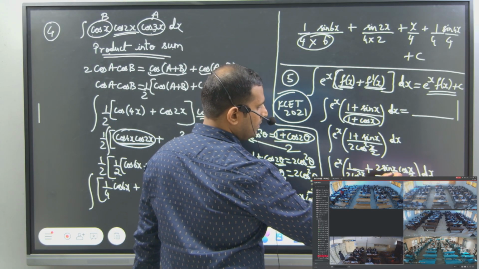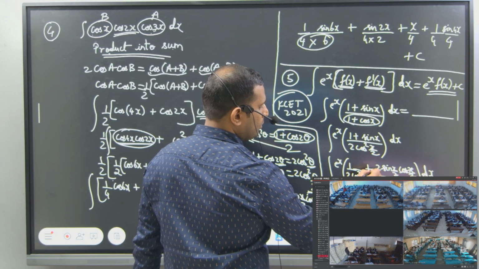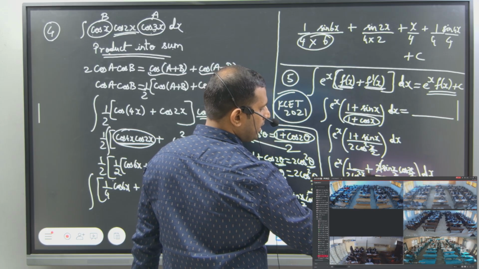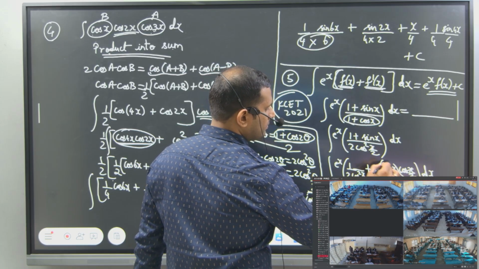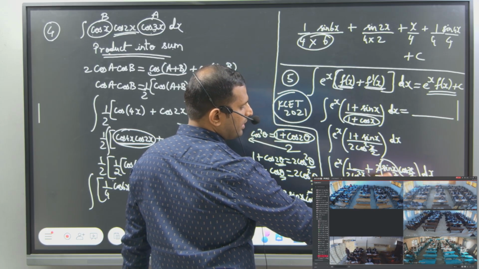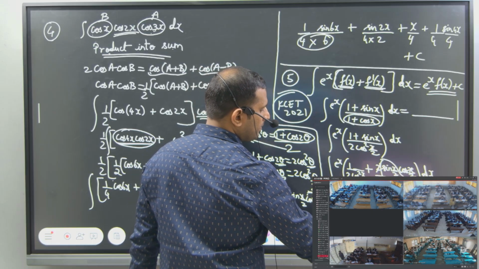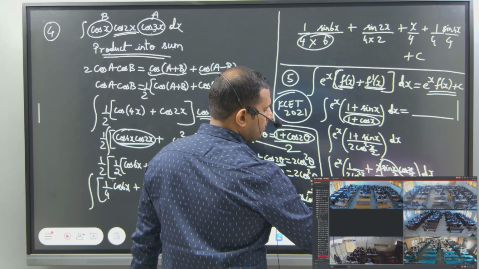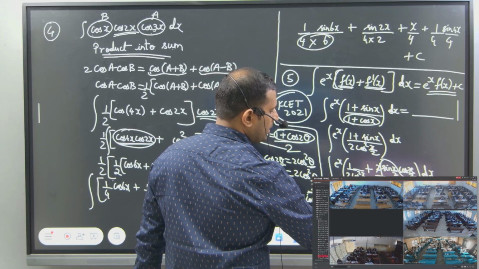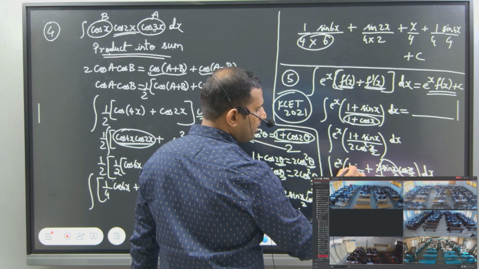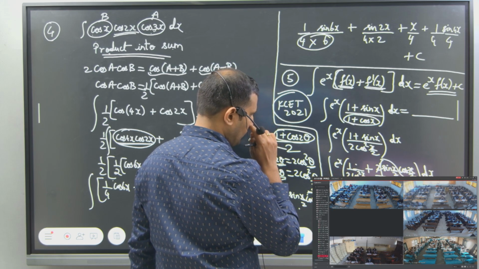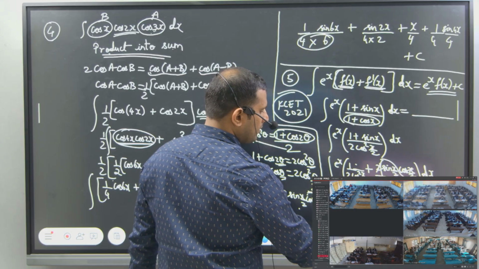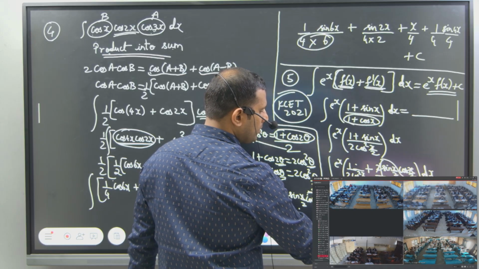Now one cos cancels, 2 2 cancel. What will I get here? Sine by cos, which is tan x by 2. And 1 by cos square is sec square. So here you will have secant square x by 2 into half.